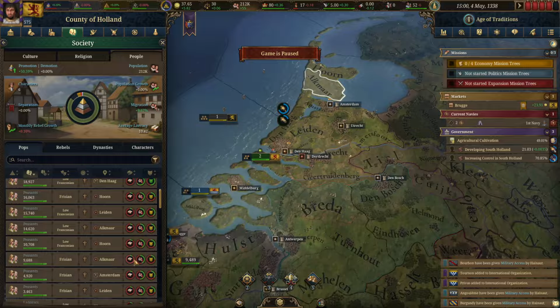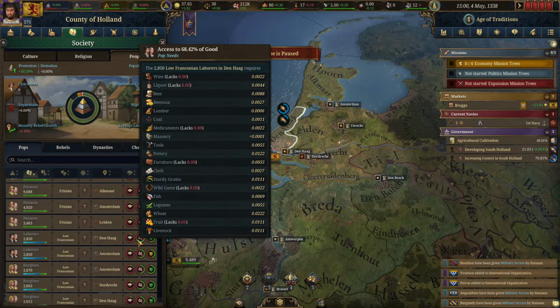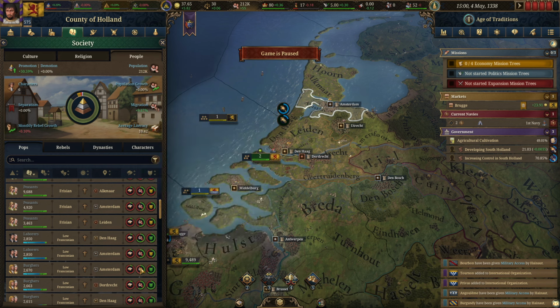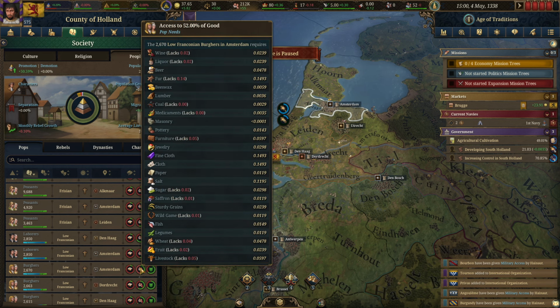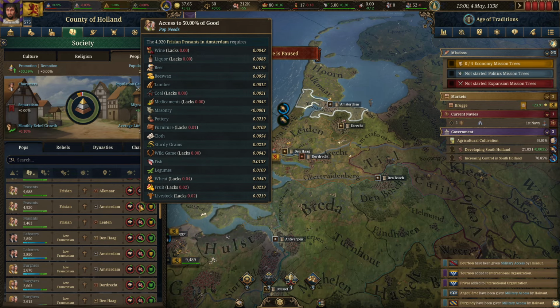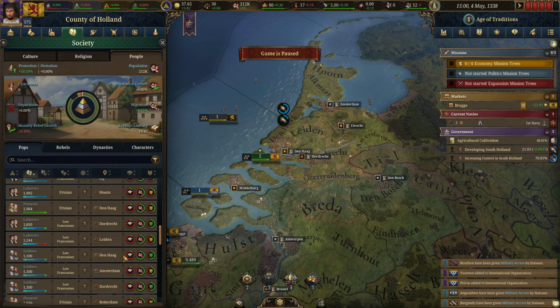Mind you also that people of higher standing demand other things. So the citizens of the town here require fine cloth, jewelry, and much more extravagant things than the peasants, who don't need that much of a high class thing.